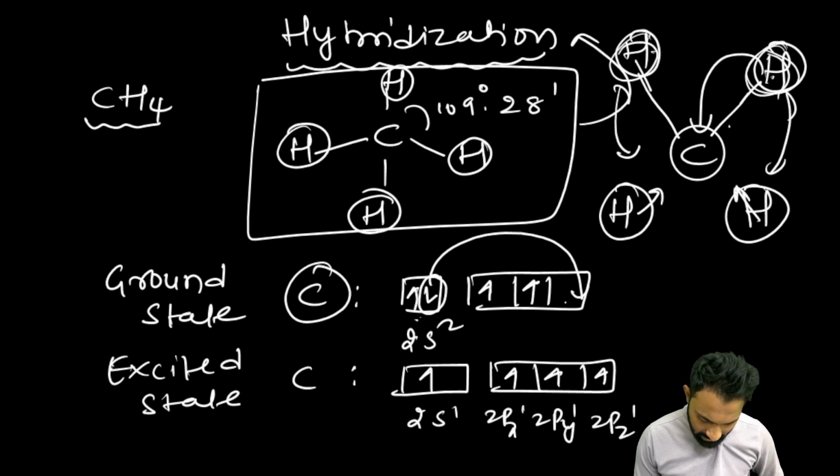Now, in this excited state electronic configuration, if the orbitals want to be hybridized, all the orbitals should have the same energy. If orbitals are to form a bond, they should have the same energy.